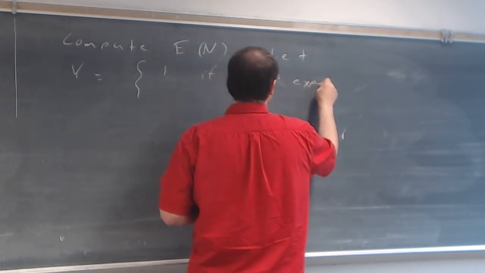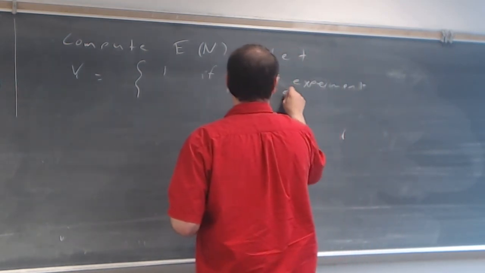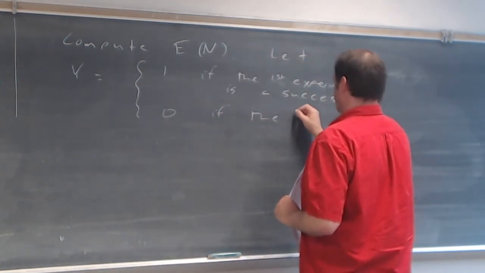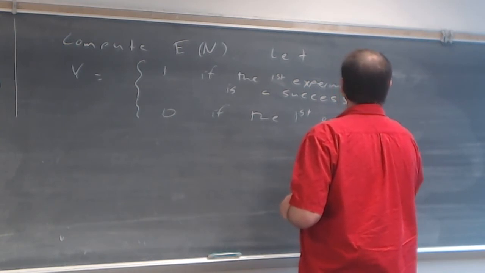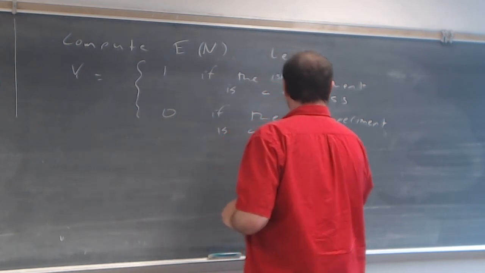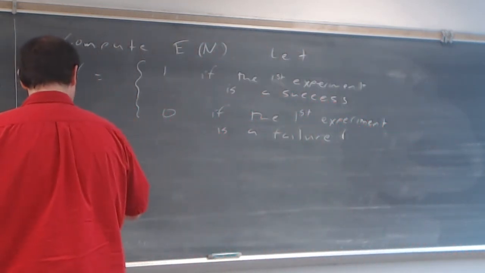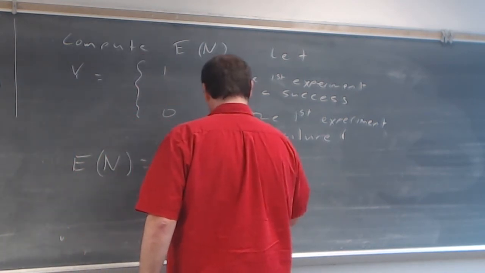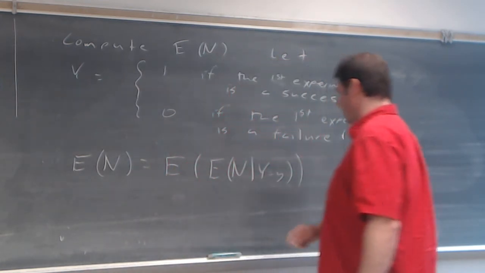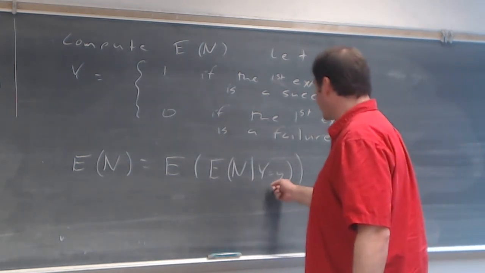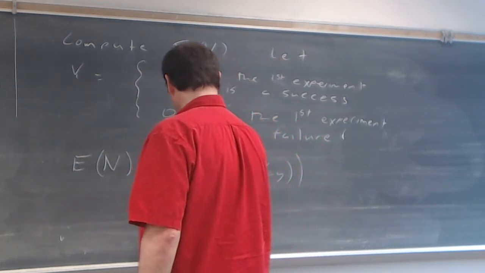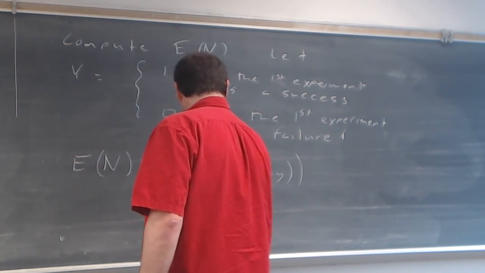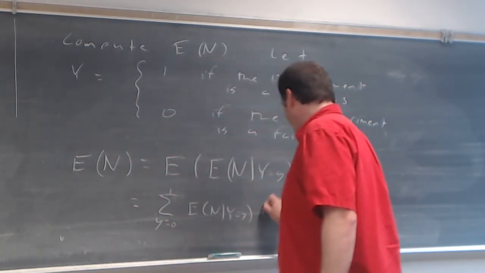So we're looking to compute the expected value. Let Y be defined by 1 if the first experiment is a success, and 0 if the first experiment is a failure. Okay, so here the expected value of N is equal to the expected value of the expected value of N given Y. Now, Y can just be either 0 or 1, and this is going to be a summation over the Y values: the sum as y runs from 0 to 1 of the expected value of N given Y equal to y times f sub Y of y.